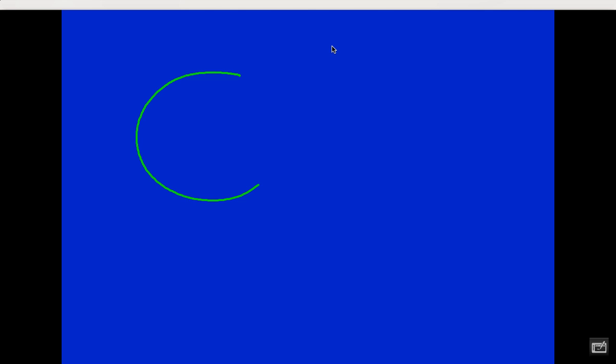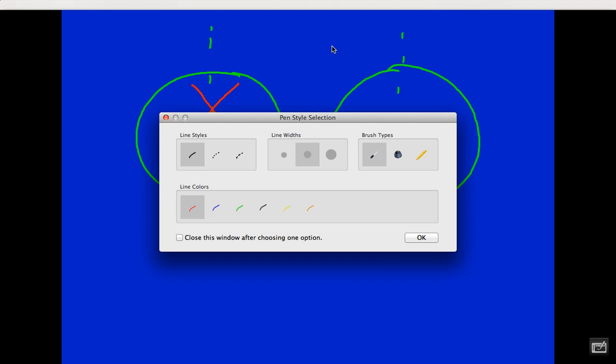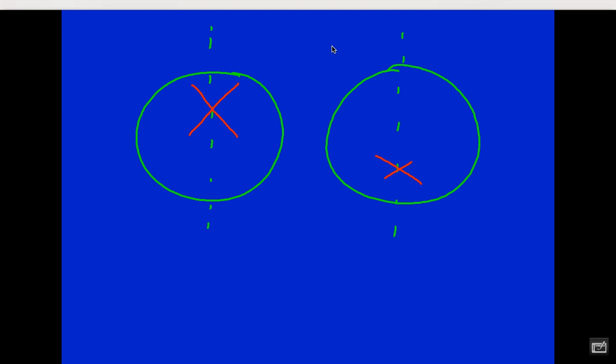You'd have your one cell here, and your second cell here, with the equators, big and little. So the idea here is the centromeres. This looks very much like metaphase in mitosis. It's just that the cells are haploid at this point.